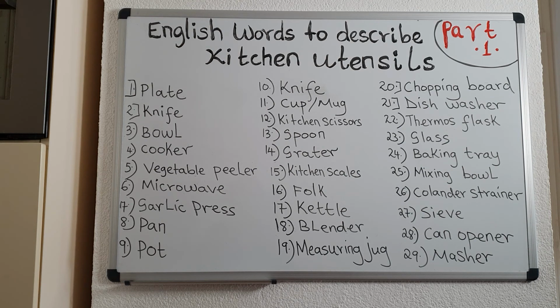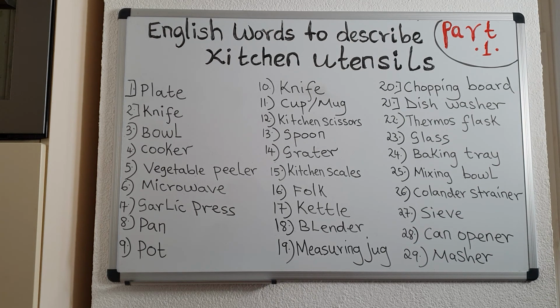You mix all the ingredients together. So the bowl is wide, okay? It is wide and deep, and you use it to mix together different ingredients in the kitchen before you prepare whatever meal it is that you want to.